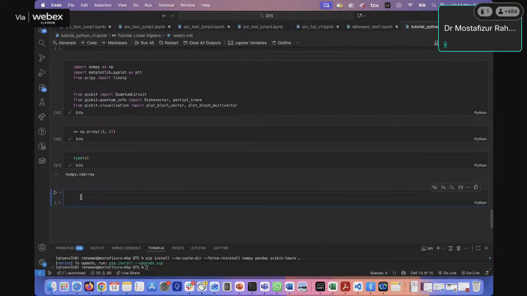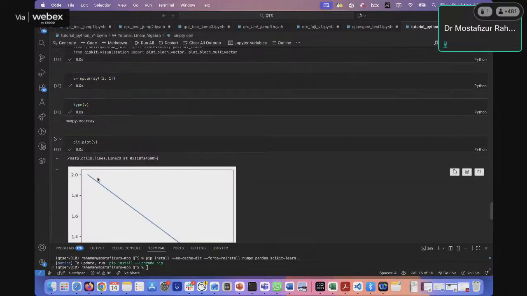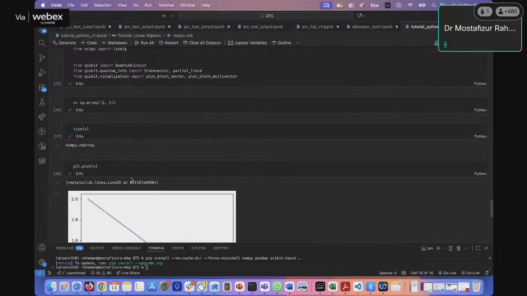Now suppose I call the matplotlib library as plt. So plt dot plot, like in MATLAB where you simply plot, right? Plot this v, and let's check. It is simply something like this, right? But we can represent this particular vector 2 cross 1 from the origin, right?